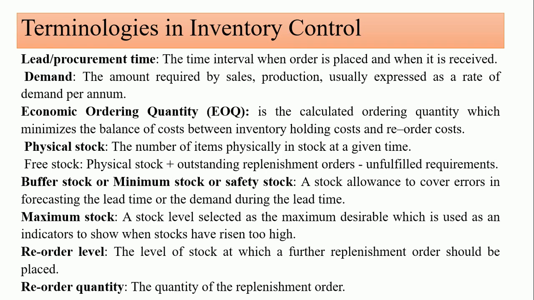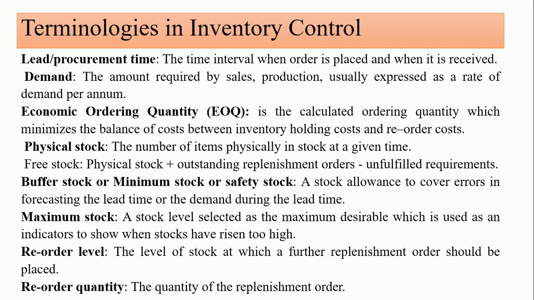Physical stock, as the name implies, means the number of items you have physically in stock at a given time. The free stock is physical stock plus outstanding replenishment orders minus unfulfilled requirements. The buffer stock or minimum stock, also known as safety stock, is the stock allowance to cover errors in forecasting the lead time or the demand during the lead time.